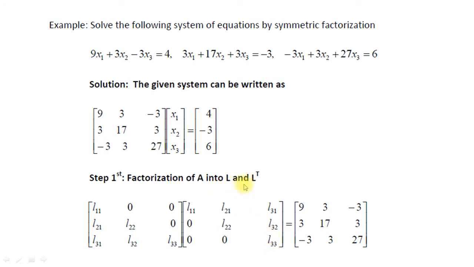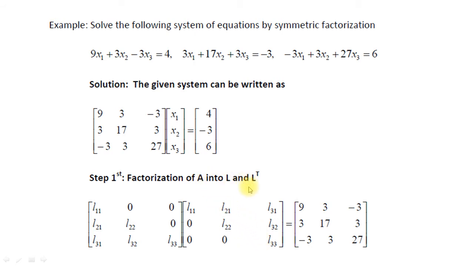But in the Doolittle method, we obtain 1, 1, 1 on the diagonal of the lower triangular matrix, and at the upper triangular matrix diagonal we obtain the unknowns. And similarly in Crout's method, we obtain the unknowns at the diagonal of the lower triangular matrix and 1, 1, 1 at the diagonal of the upper triangular matrix.